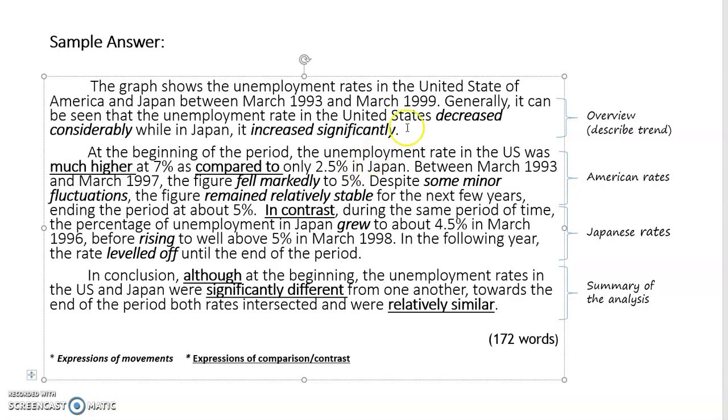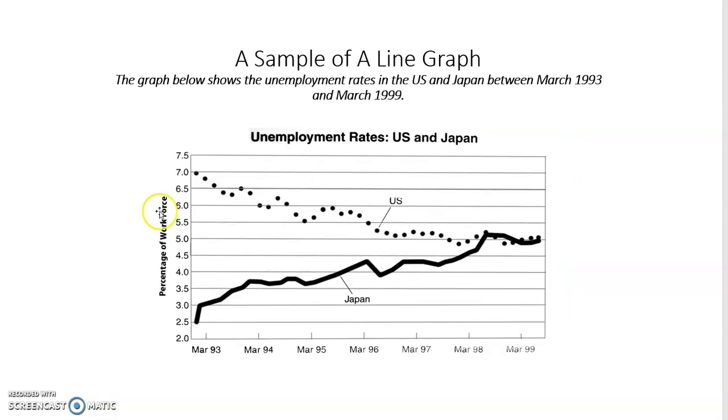It says here, generally, it can be seen that the unemployment rate in the United States decreased considerably, while in Japan it increased significantly. So it decreased considerably in the US, while in Japan it increased significantly. In the US it decreased, in Japan it increased.